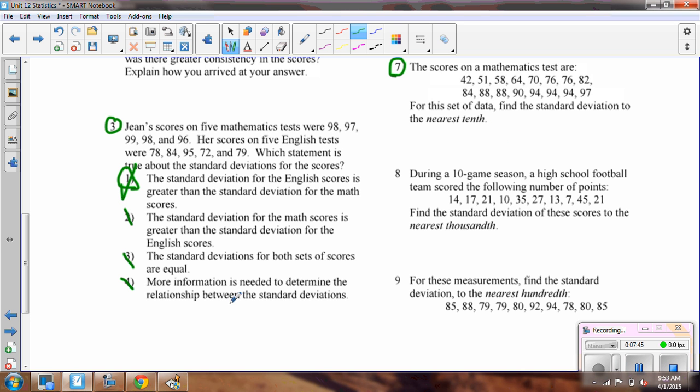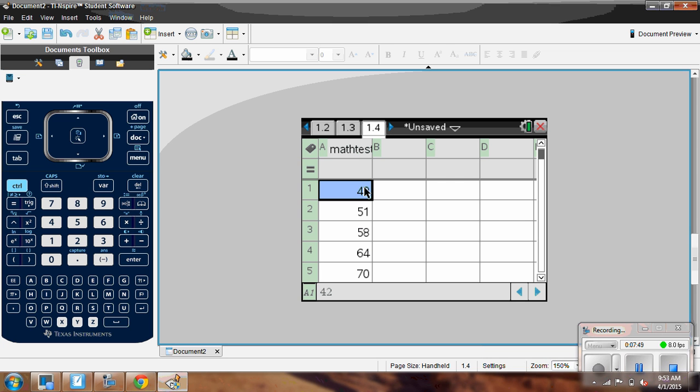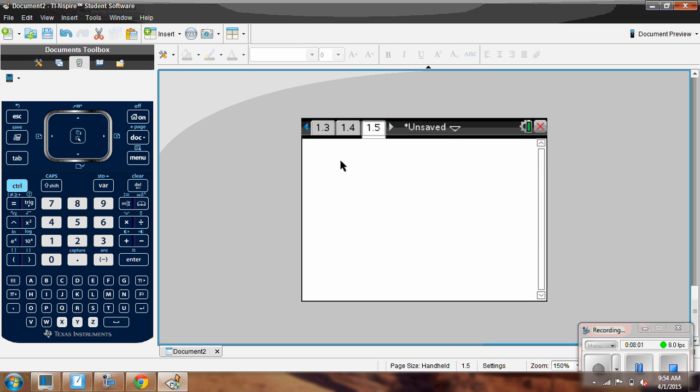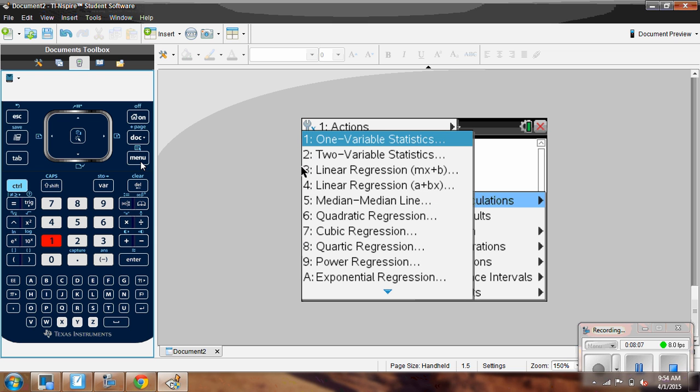I entered all of this information already into my calculator into a separate sheet. So right here, I called it math test scores. And there are 16 pieces of data. Okay, so now we're going to need another calculator page, which I have set up already. And we are going to again do statistics, a stat calculation.